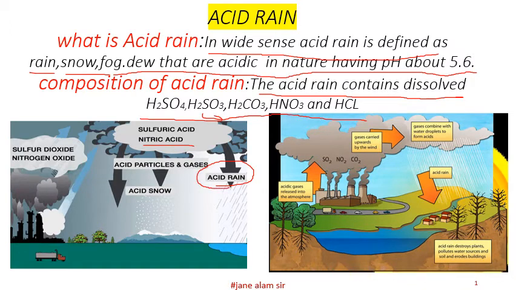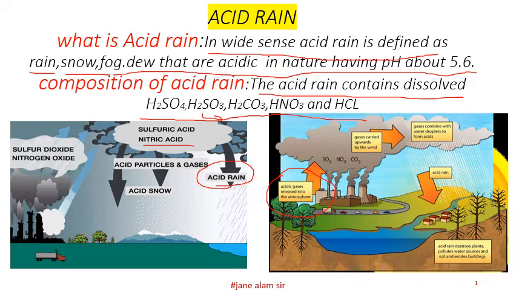In the side diagram, right side of your video, you see that first acidic gases are released into the atmosphere. That means sulfur dioxide, carbon dioxide, nitrogen dioxide.